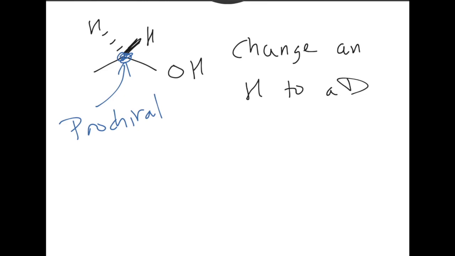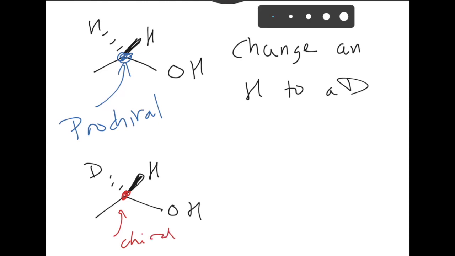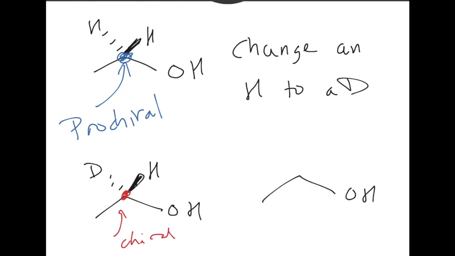So if I change this H to a D, now I have a chiral center, right? This carbon has gone from being prochiral to being chiral. And I can change the other hydrogen to a deuterium.